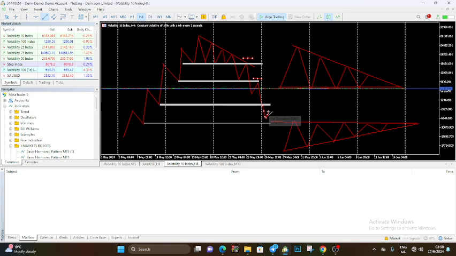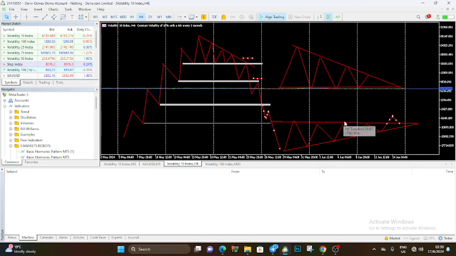And then the market just does something like this and gets into this zone. If the market gets into this zone, this means that the market is about to go up all the way. As I've been saying, the market does this. Now, as you can see, this is the previous high.